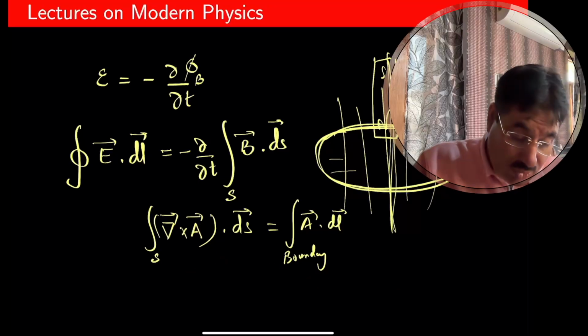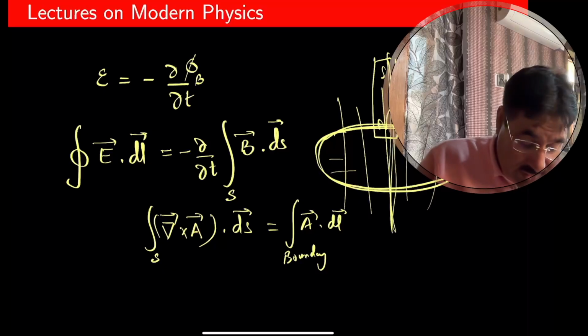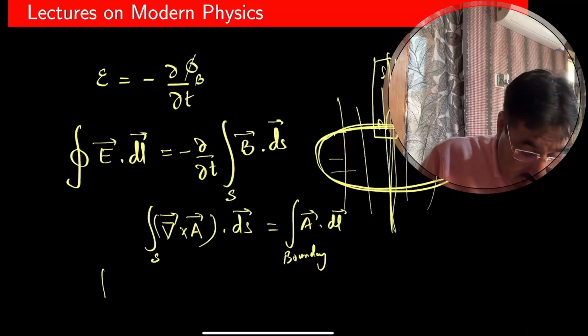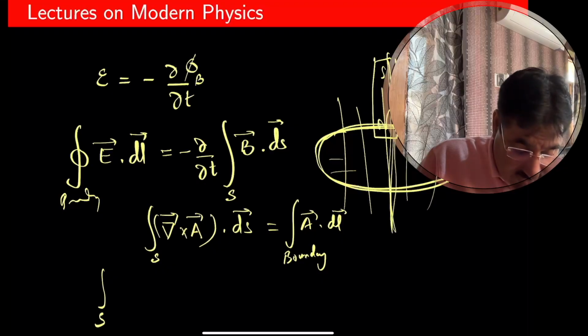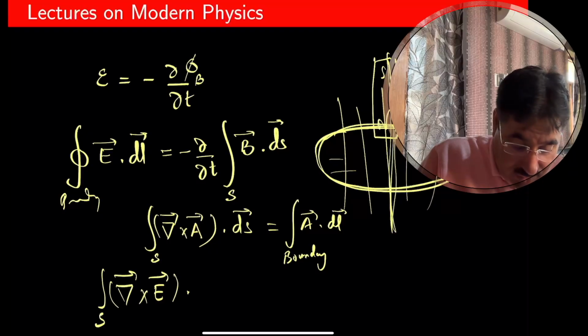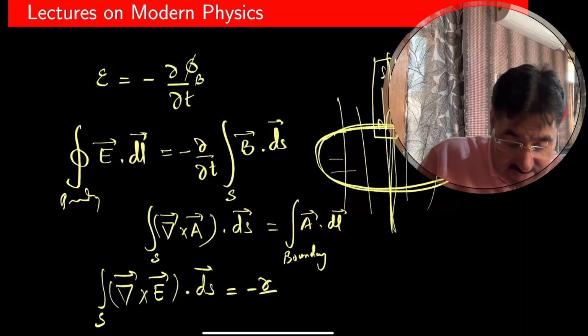Okay, so we invoke Stokes theorem, and what do we have? We'll have the integral over the boundary, which is already over the boundary, and now over the surface it will be curl of E dot ds, equal to minus del by del t of B dot ds.